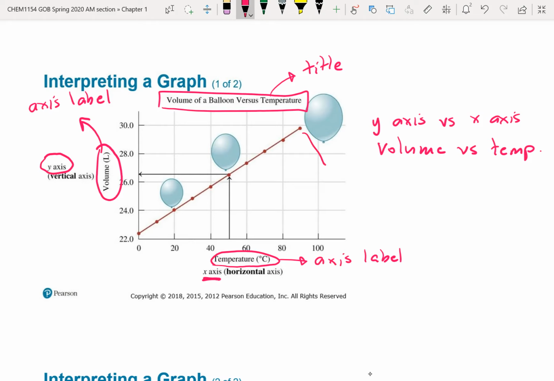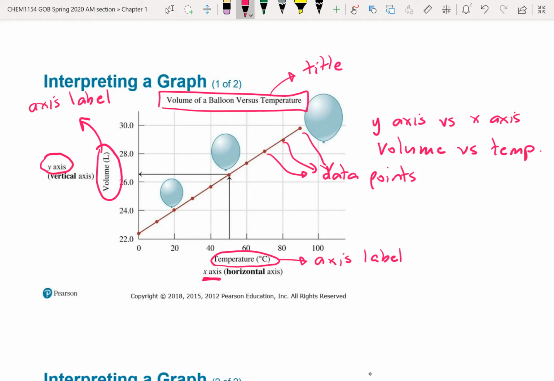These are actual data points. Right? Whoever generated this graph was able to measure the temperature and see what the volume was of the balloon at those different temperatures. And they were able to put those on the graph and then connect those points with a straight line.